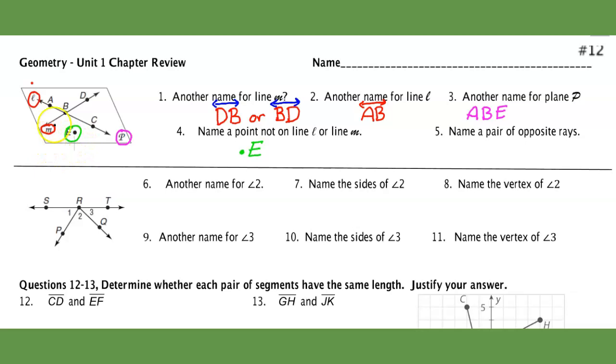Name a pair of opposite rays. Okay, so we have, let's see here. M almost has opposite rays, but we don't have another point here to make the second ray. So we're going to have to go with line L, where they both start at point B, and we have ray BC and ray BA.